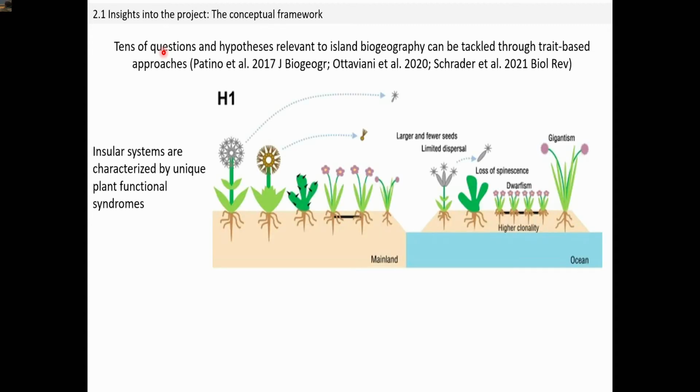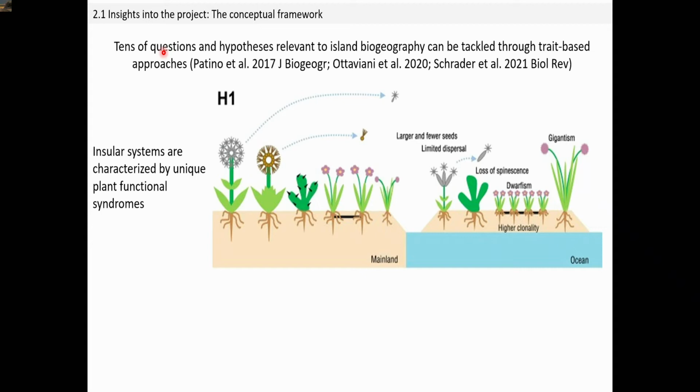And here I would like to bring in some examples. This is from our paper, and we instead identified only 3 major hypotheses. We are a bit more reduced. So we are saying that insular systems are characterized by unique plant functional syndromes. This is the idea of island syndrome.